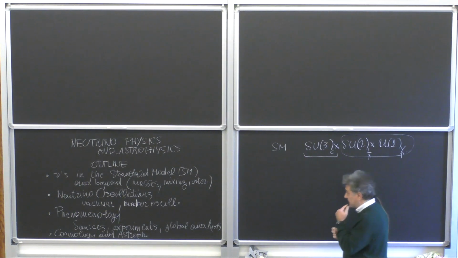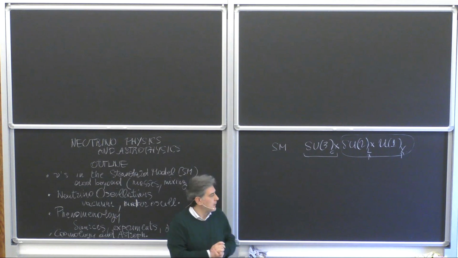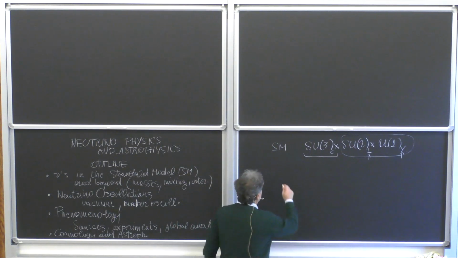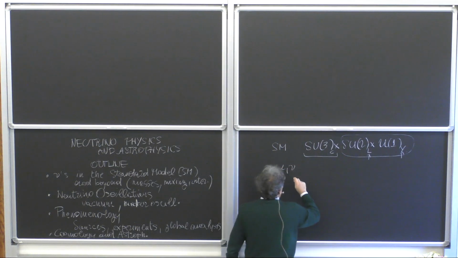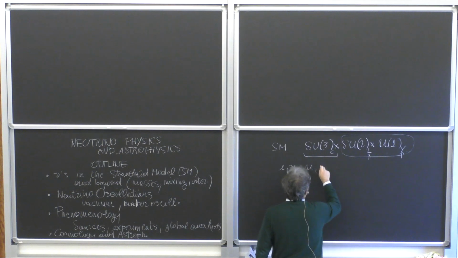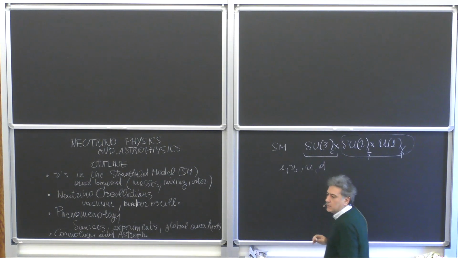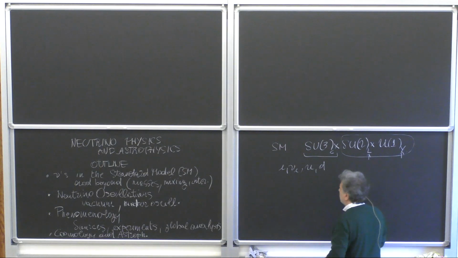What does this mean? This means that the building blocks of the Standard Model, consider for instance just one family, we will start with electron, neutrino, u quark, and d quark. These are leptons and quarks in the first family.